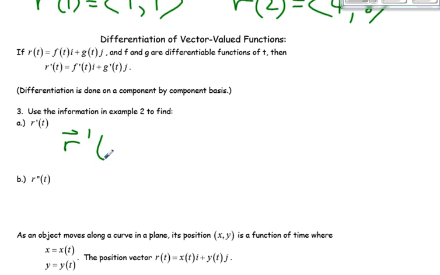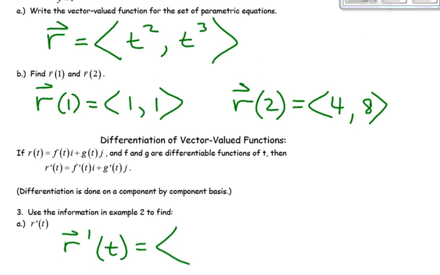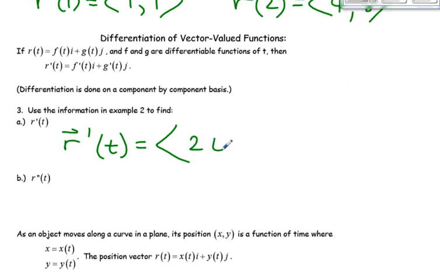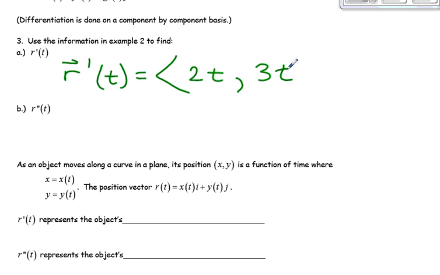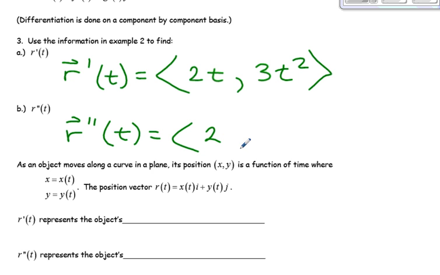The vector r prime of t is simply equal to the derivative of the x component, which is 2t, and then the derivative of the y component, which is 3t squared. Quite easy. And of course, the second derivative is just the second derivative of both components, which would be 2 and 6t.